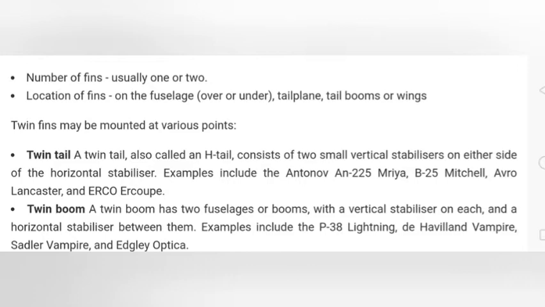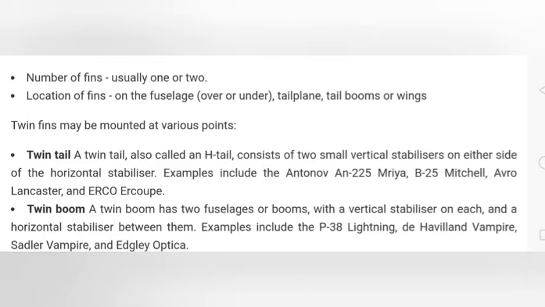Twin tail. A twin tail, also called an H-tail, consists of two small vertical stabilizers on either side of the horizontal stabilizer. Examples include the Antonov An-225 Mriya aircraft, B-25 Mitchell aircraft, Avro Lancaster and other aircraft.